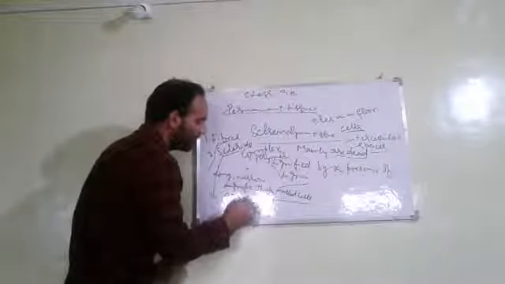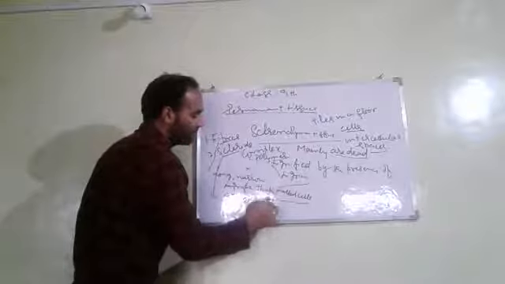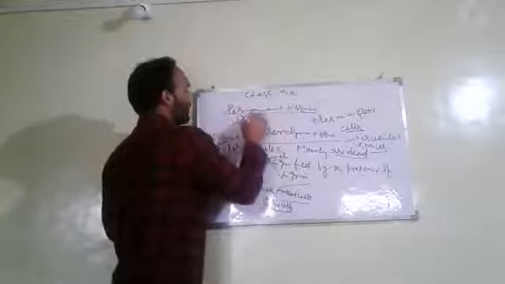The second one is sclerids. These sclerids are also known as grit cells, or stone cells. The shape of these cells is irregular, which means they are irregularly shaped.